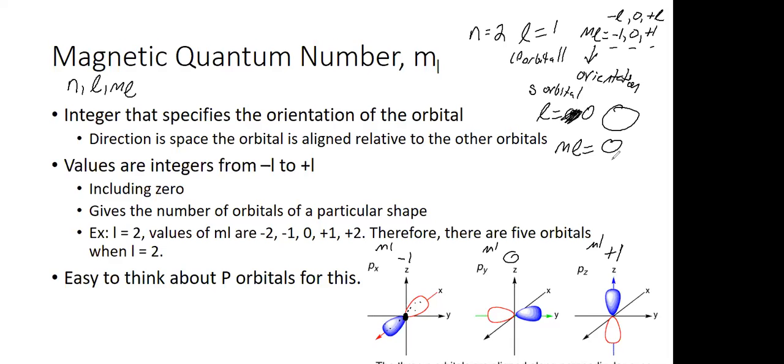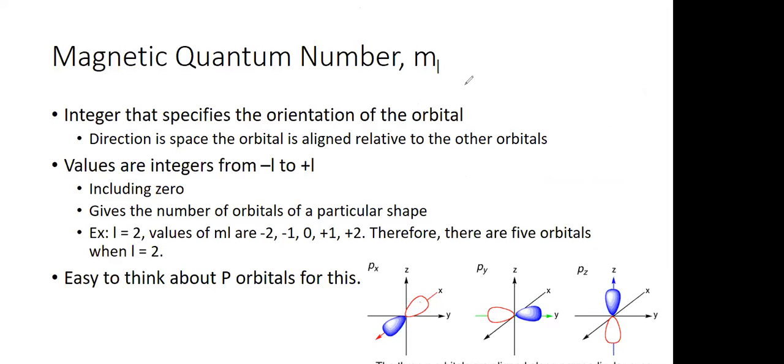Like if I turn the sphere, it's still a sphere. If I flip the sphere upside down, it's still a sphere. Not true for the p orbital. I can turn this 90 degrees and get it like that. Now they're different, right? So that's what m sub L's mean, 1, 0. While if I had a sphere, if I turn that 90 degrees, that's still a sphere. It looks no different other than my bad drawing. So that's what m sub L means.